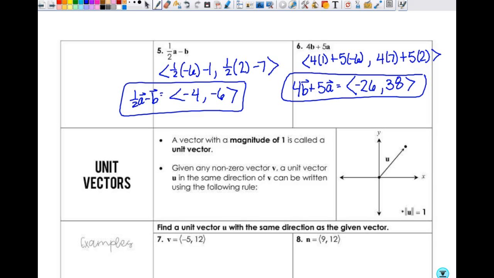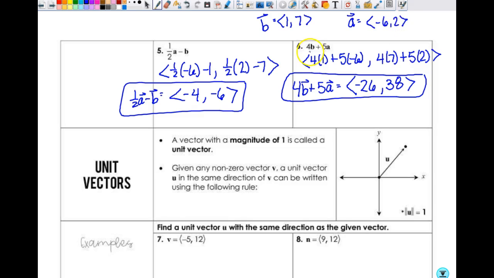No, that's not what you got? Did you set it up correctly, or did we multiply wrong? If you did not get that, do you understand what you did? So B is 1, 7, and A is negative 6, 2.